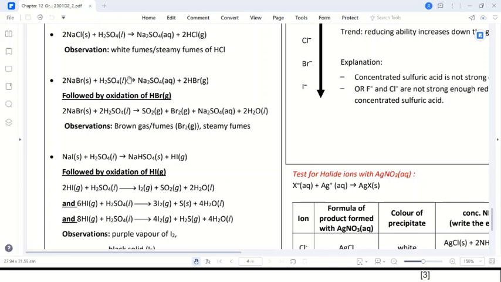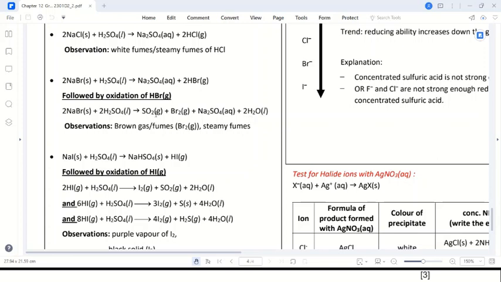Sodium bromide and concentrated sulfuric acid will also undergo acid-base reaction first to form HBr, another hydrogen halide, and then concentrated sulfuric acid is strong enough to oxidize the HBr. Then you have further oxidation, so you get different products.